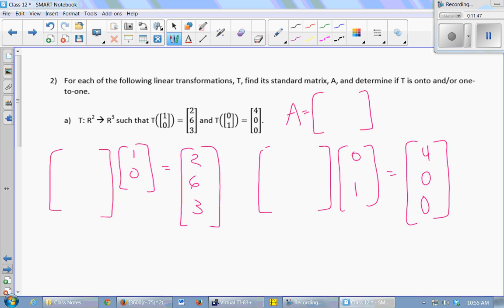So the input vector x, what are its dimensions? 2 by 1. And the output vector, what are its dimensions? 3 by 1. So what does my matrix dimensions have to be? 3 by 2. Yes.